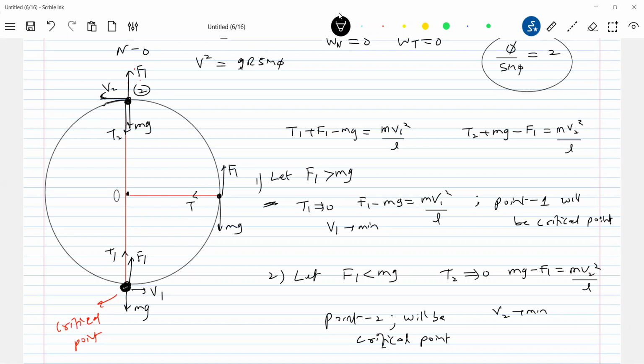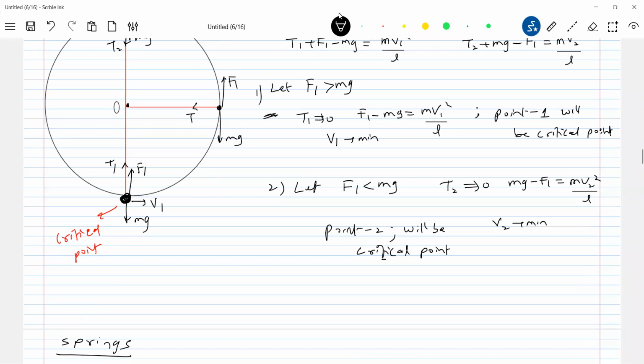Okay, got this? When F1 is less than mg, you have to calculate at speed v2, the minimum velocity. Work done by F1 and tension will be 0. Apply conservation of mechanical energy and calculate. This is for the second situation. We have to write the equation now: mv1 square by 2 equals mg into 2l plus mv2 square by 2.